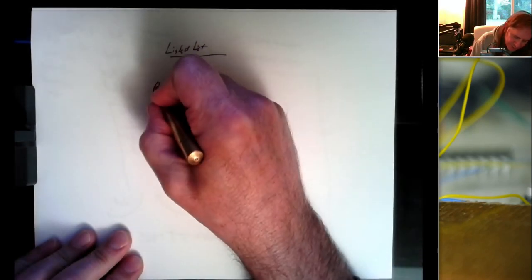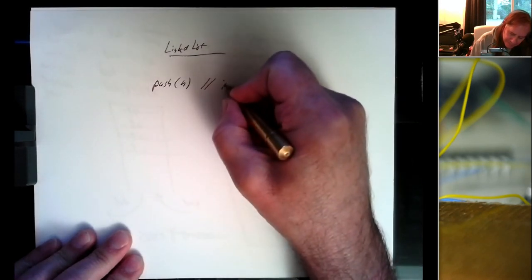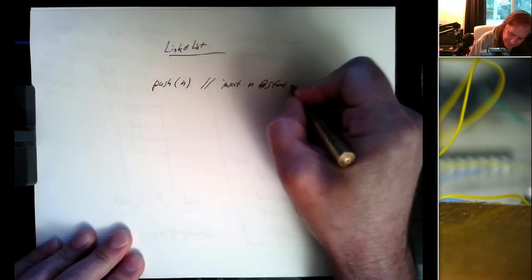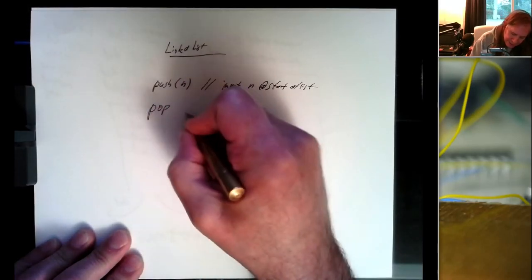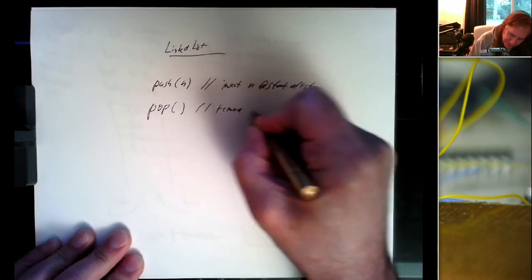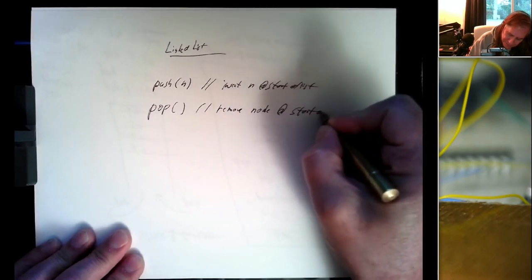But what do push and pop look like? So push some piece of data n, insert n at the start of the list. And pop, just remove the node that's at the start of the list.